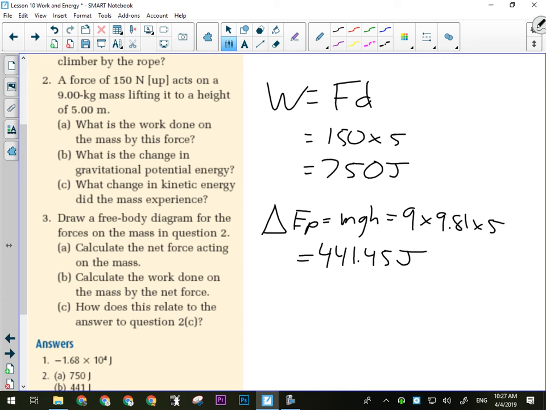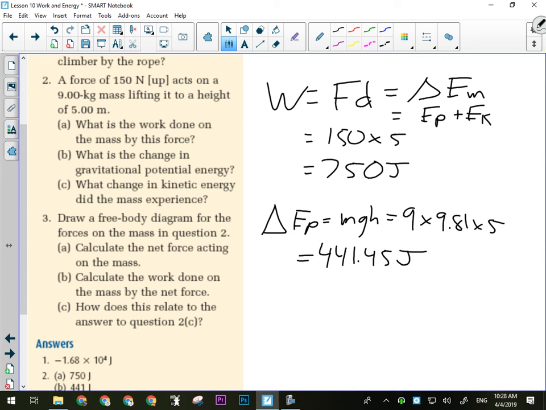Yeah. All right. So what's the change in kinetic energy that the mass experienced? Well, how can I very easily find that? This is the change in mechanical energy. Remember, because work is not just force times distance, it's the change in mechanical energy. And mechanical energy is EP plus EK. I would have to assume that when this thing was sitting on the ground, it also had no kinetic energy. In fact, it would have had no mechanical energy of any kind at the beginning.